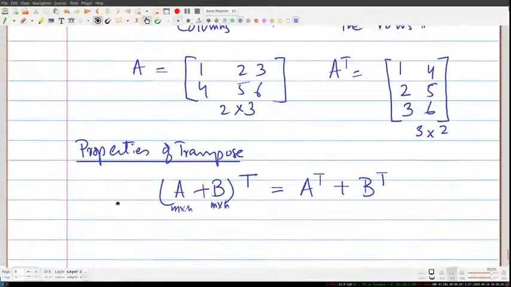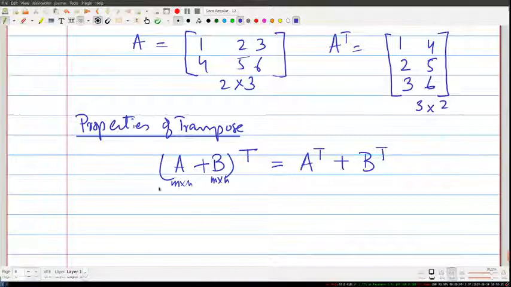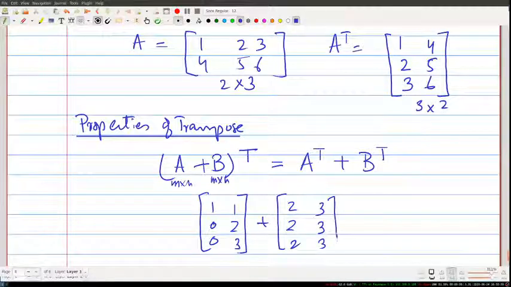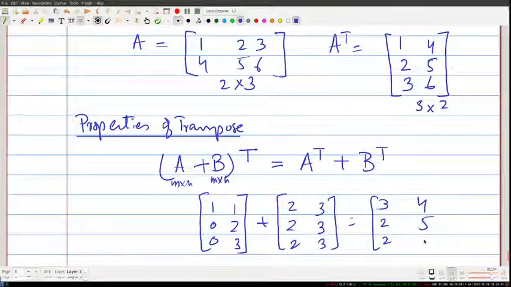For addition, they need to be of exactly the same size, same rows, same columns. So for example, if I take 1, 0, 0, 1, 2, 3 and add it to 2, 2, 2 and 3, 3, 3, the result that I get is 3, 2, 2 and 4, 5, 6.